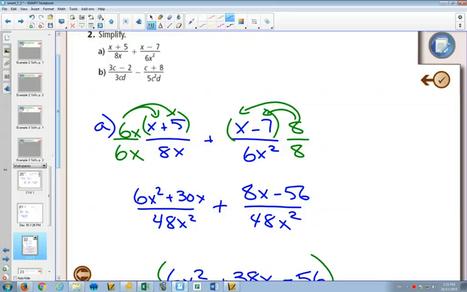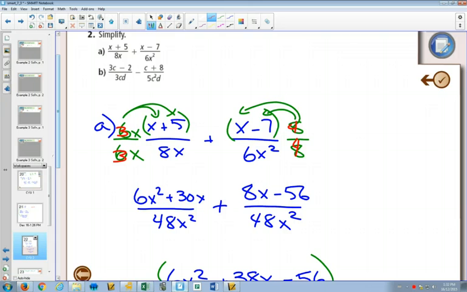Can you see that 48 isn't the lowest common denominator between 6 and 8? You could have got it smaller if you had chosen 24. But then instead of 6x and 6x, you would do 3x and 3x, right? Because 3 times 8 is 24. And instead of 8 and 8, you would do 4 and 4, because 4 times 6 is 24.